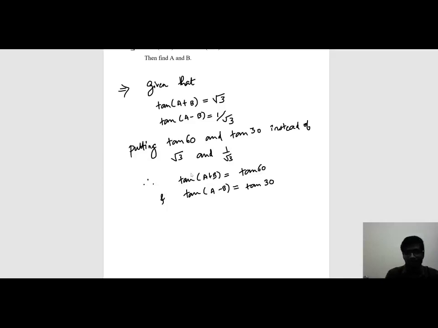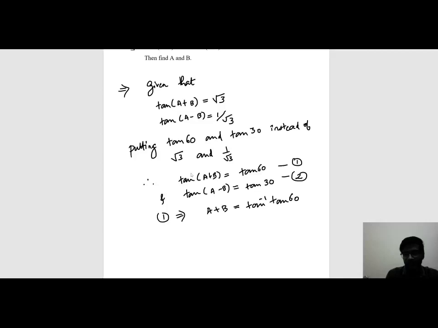Okay, so let's take this as equation 1 and this as equation 2. If I take equation 1 and from the LHS side, I am transferring this tan to that side, I will be getting a + b is equal to tan inverse. When this tan goes to RHS side, it will become tan inverse, and already we are having tan 60.